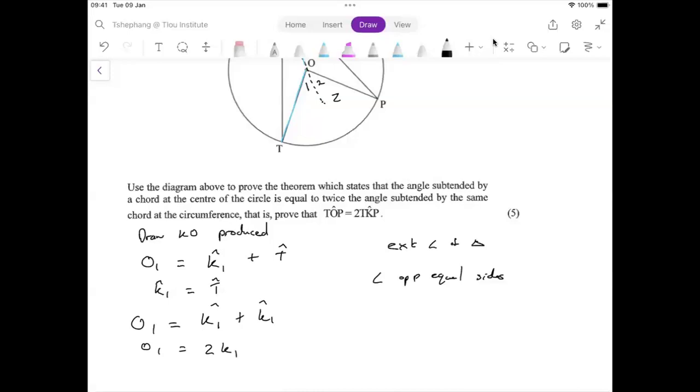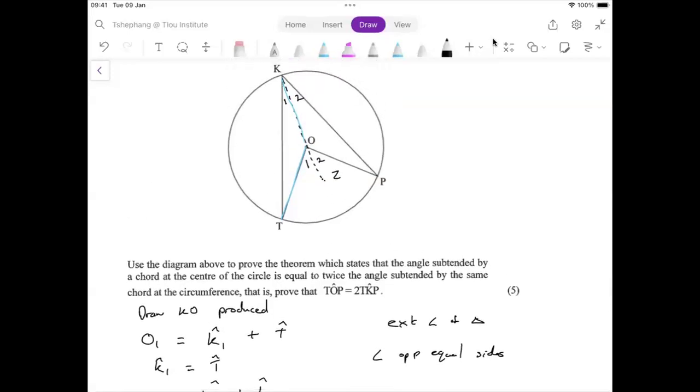We're going to do the same thing for the triangle on the right side. So I'm going to say that O2 is equal to K2 plus P. Exterior angle of a triangle. Please put that reason. Then we know that K2 is equal to P. Why?